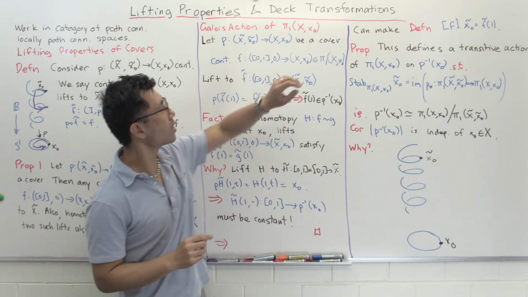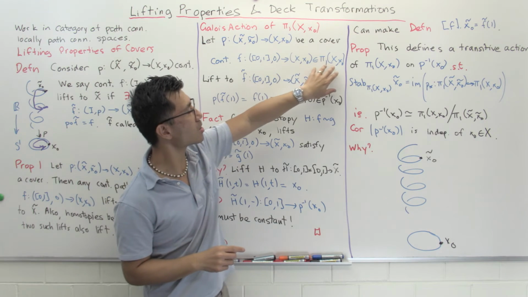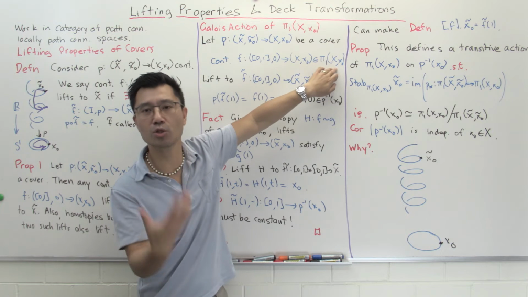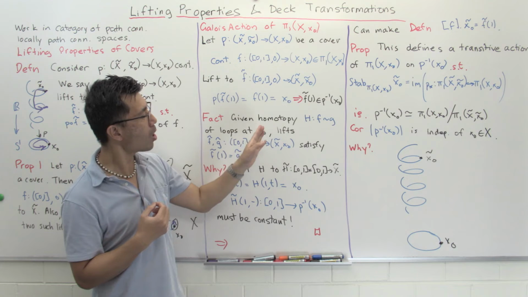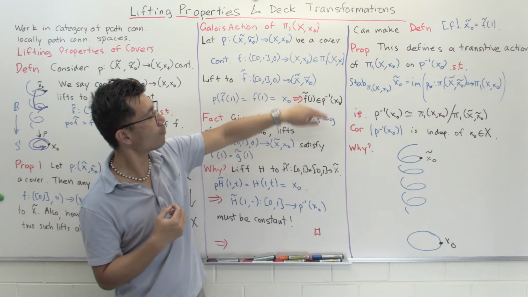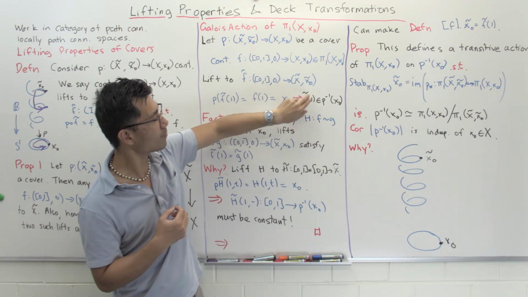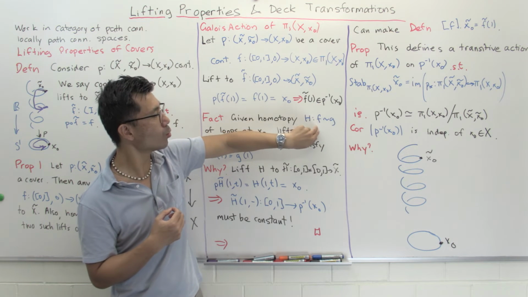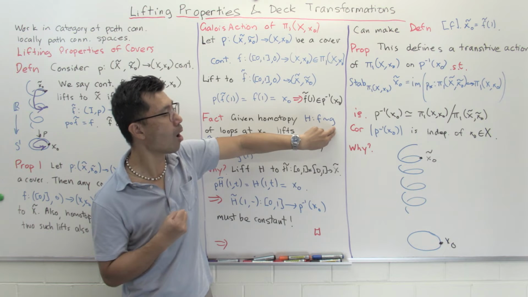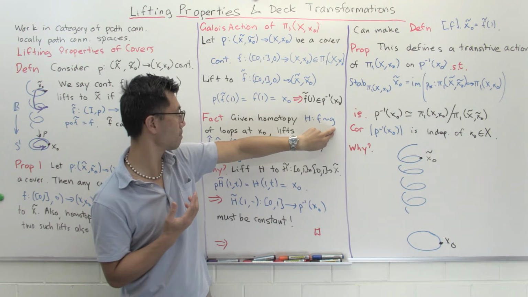Because remember, we don't really want to look at just loops inside here, but we want to look at homotopy equivalence classes of loops. So let's suppose, instead of looking at this f and its f tilde of 1, this element of this inverse image of x0, you want to do the same thing with a homotopy equivalent loop, g.